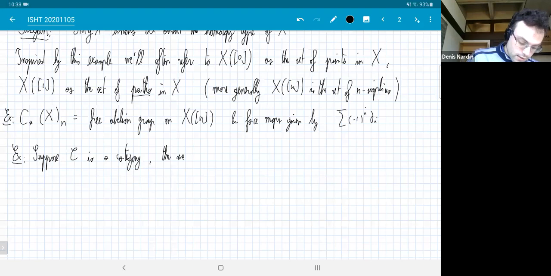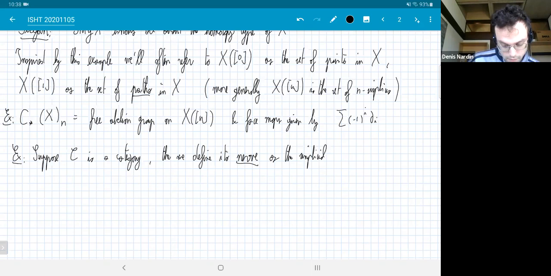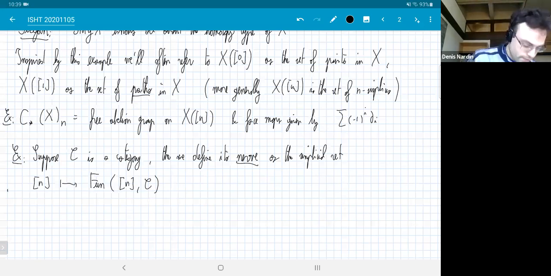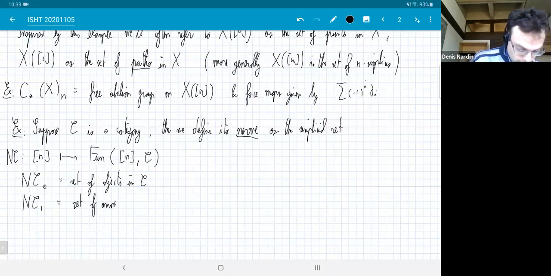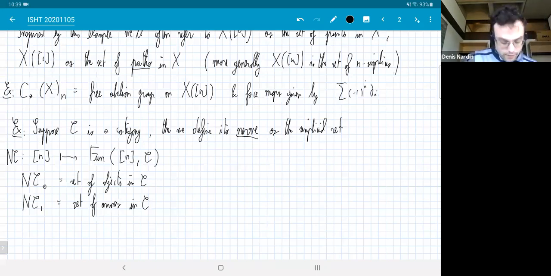Then we define its nerve as the simplicial set that sends n to the set of functors from [n] seen as a poset into C. So, for example, N(C)[0] is the set of objects in C, and N(C)[1] is the set of arrows in C, etc. Oh, well, let me give you another one, sorry.